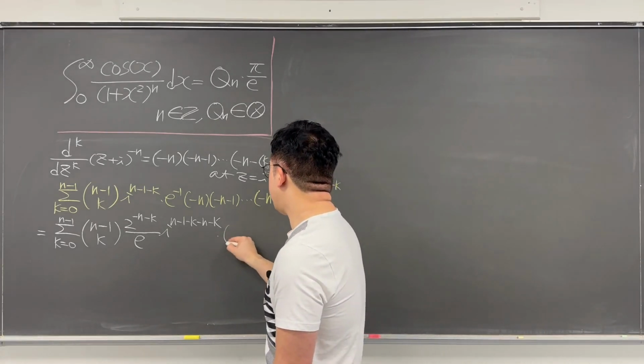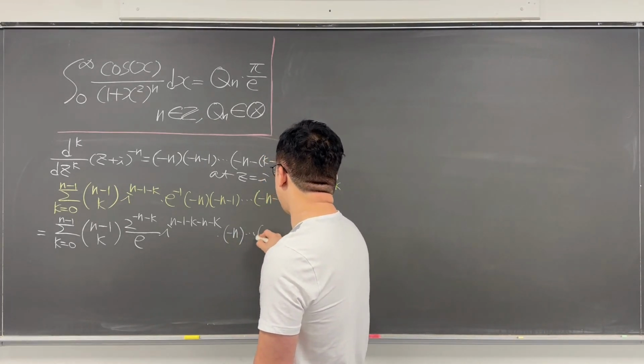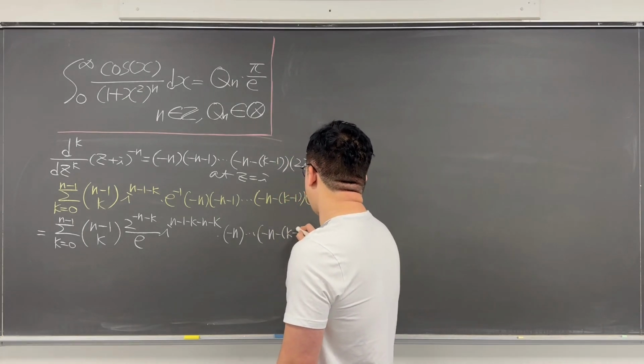And of course, that times negative n all the way up to negative n minus k plus 1.